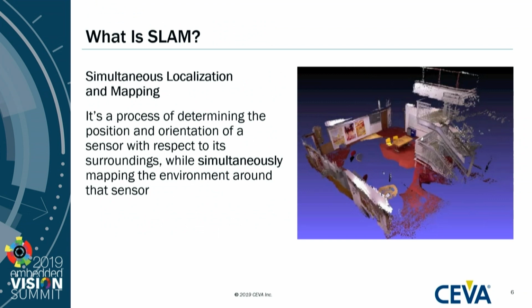So what is SLAM? SLAM stands for Simultaneous Localization and Mapping. It is a process that estimates sensor position and orientation with respect to the local environment. At the same time, the SLAM process creates and updates a map of the local surroundings. It is an ongoing process.